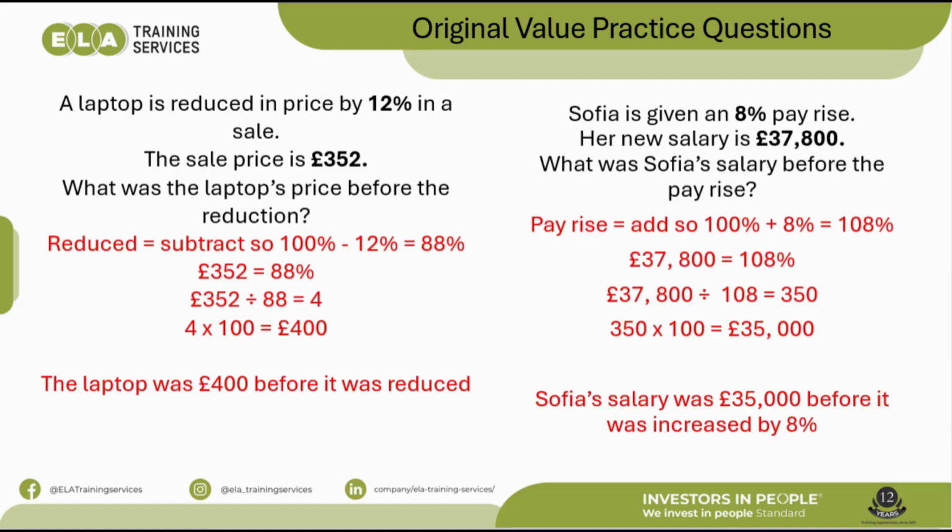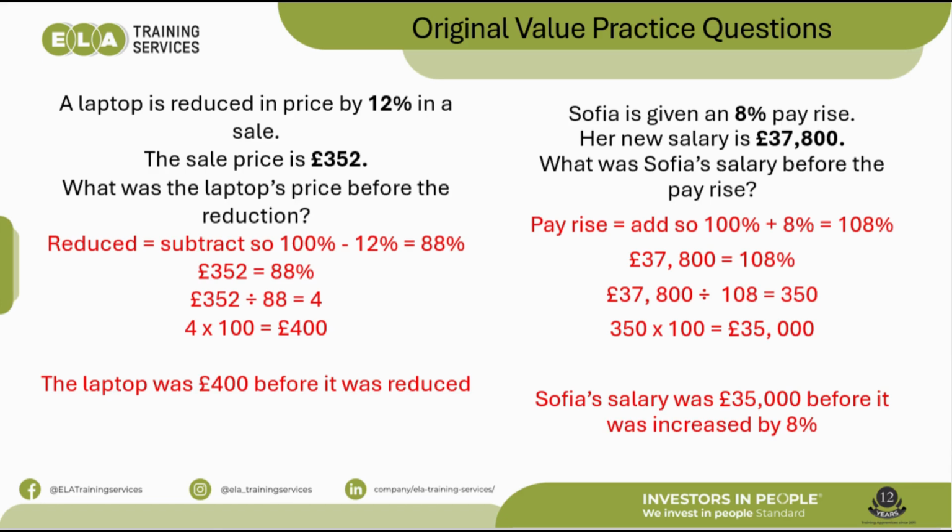Now we write out amount and what percentage it is equal to, so £352 equals 88%. Now we divide. £352 divided by 88 is equal to 4. Finally multiply. 4 multiplied by 100 equals £400. Our answer is then, the laptop was £400 before it was reduced.